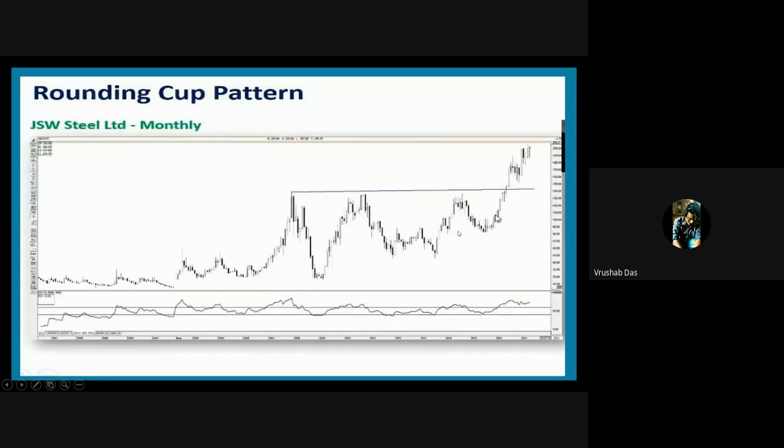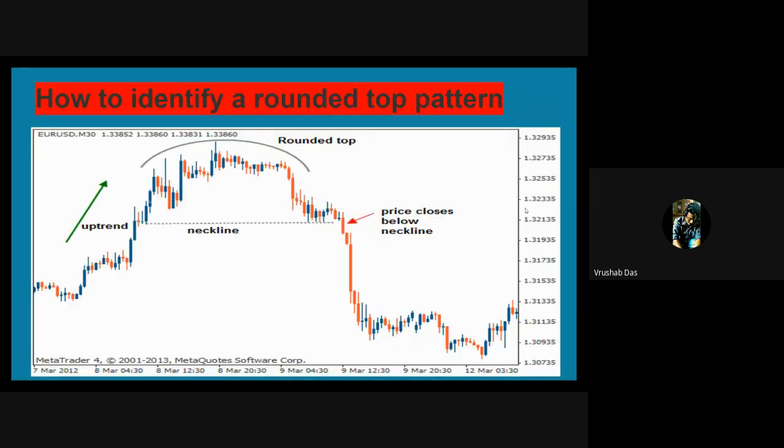The RSI oscillates between 0 and 100, but we set it at 20 to 80. If we set 20 to 80, then at the 50 level the RSI shows momentum. So with momentum, if you consider the cup pattern, the chances of reversal get higher. And the next is how to identify a rounded top pattern.